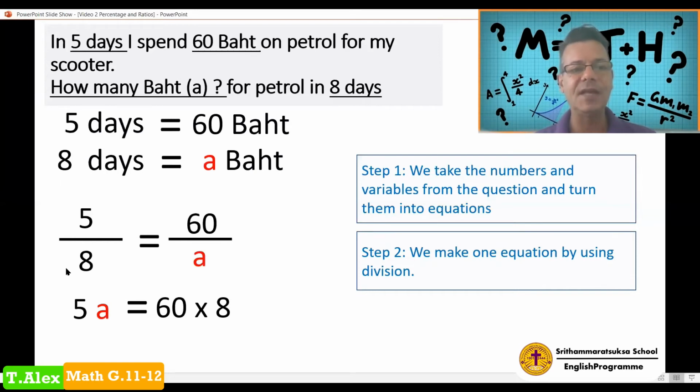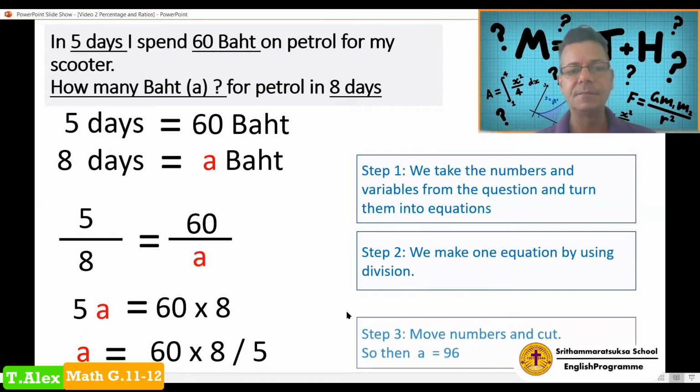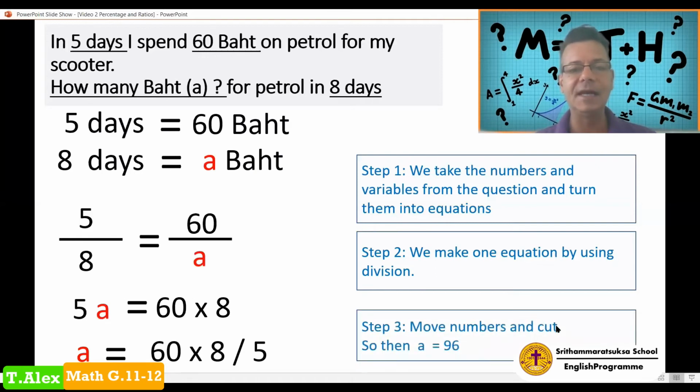The same for this 8. Here it is dividing, but when I move it to the other side, we will multiply. So I have nearly found my answer. A equals 60 times 8 divided by 5. Move the numbers and cut. A in this case is 96. 8 days will cost me 96 baht.